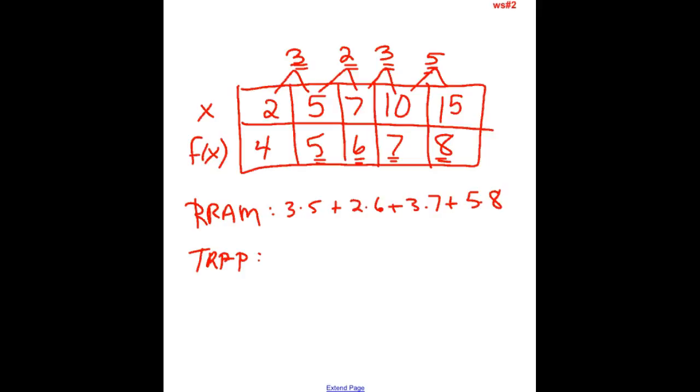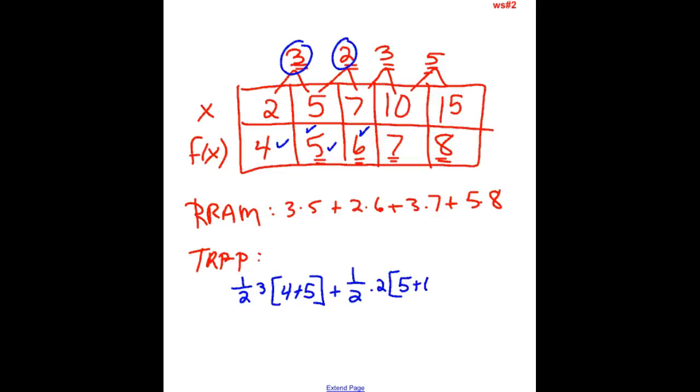What it'll look like is this. Trapezoid number 1 will be 1/2 of its height times the sum of its bases. Trapezoid number 2 will be 1/2 of its height, which would be 1/2 of 2, times the sum of its bases, which would be 5 plus 6. Trapezoid number 3 would be 1/2 of its height times the sum of its bases, which would be 6.